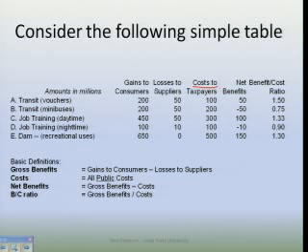Okay? Now, in this very simplified example, I've got my benefits. These both are my benefits. These are my gains, and these are the offsets or the losses to suppliers.